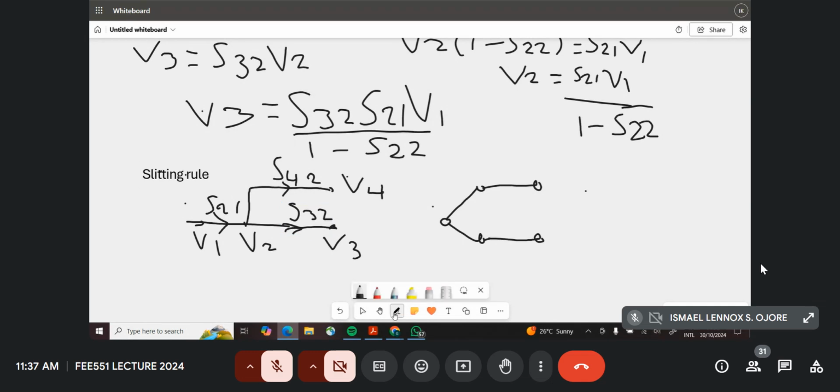I'll fix that one later. So here is V1, V2, V3. So here is V2 prime, V4. So these nodes are typically the same.